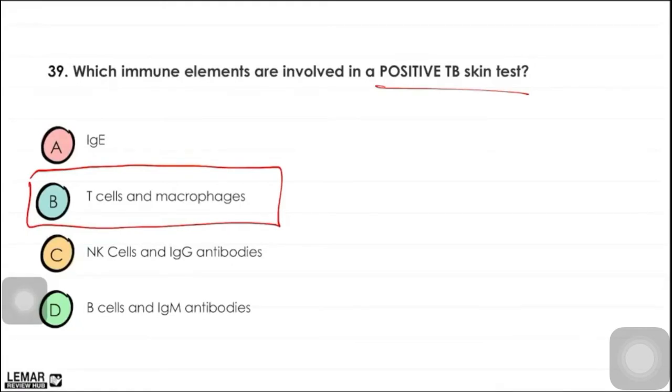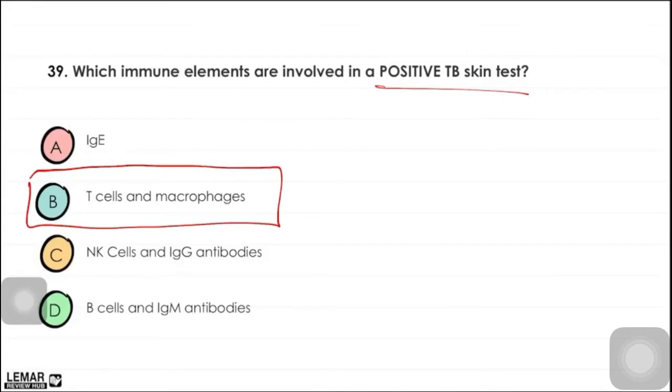So, T lymphocytes respond directly by the release of lymphokines to exhibit a contact dermatitis reaction. This involves the redness, swelling of the skin around the point of contact. That is the characteristic of a positive TB skin test.